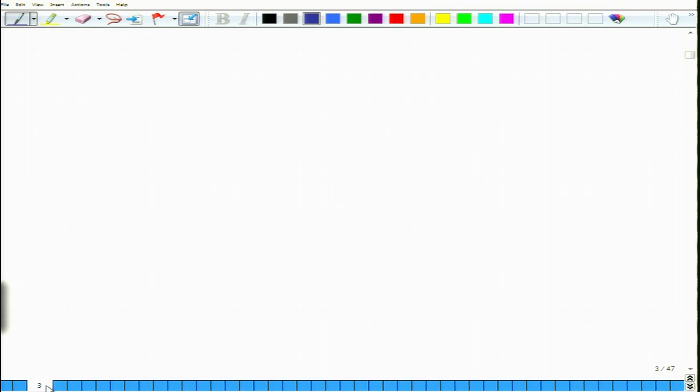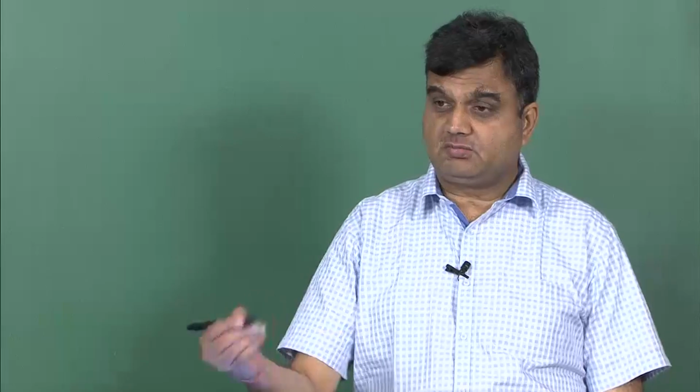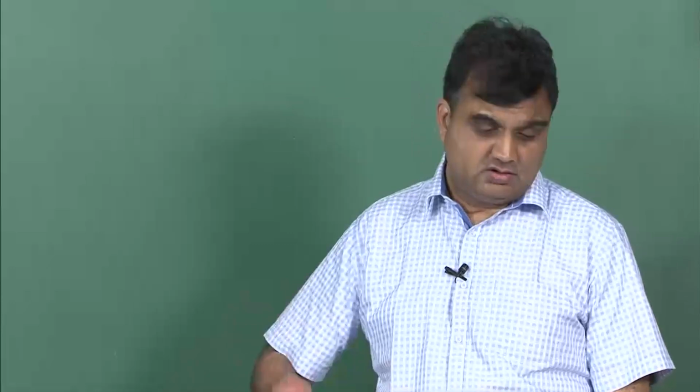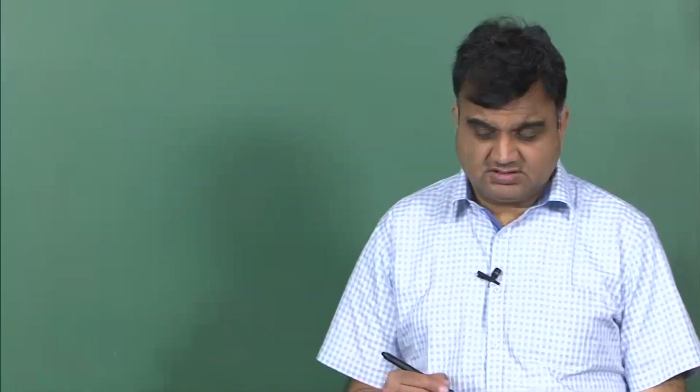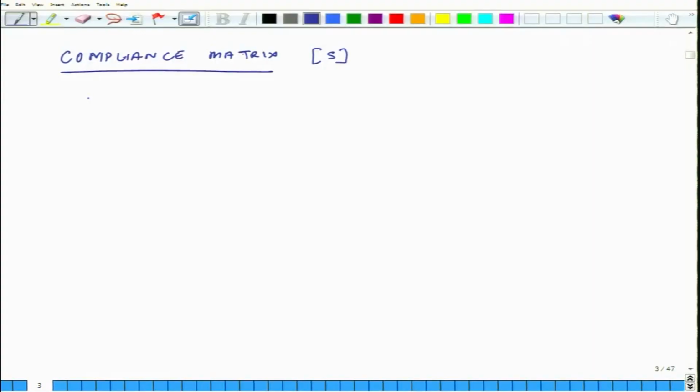So, the next thing we look at is the compliance matrix. The stiffness matrix was designated as Q, compliance matrix is designated as S. This is a little strange because one would think S would stand for stiffness, but it is for Q. So, compliance matrix is designated by S, and what is the relation between stress and strain if we use the compliance matrix?